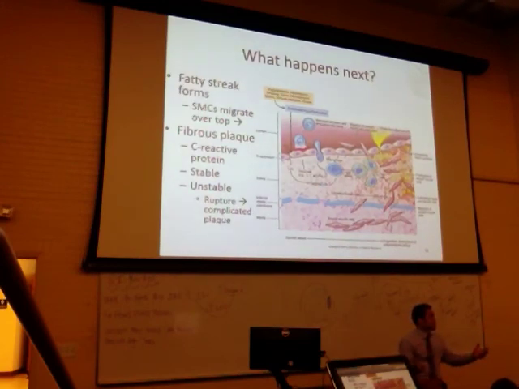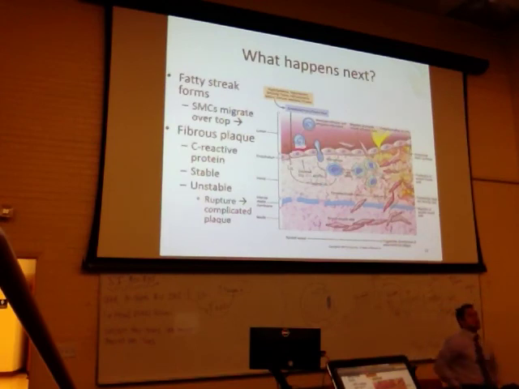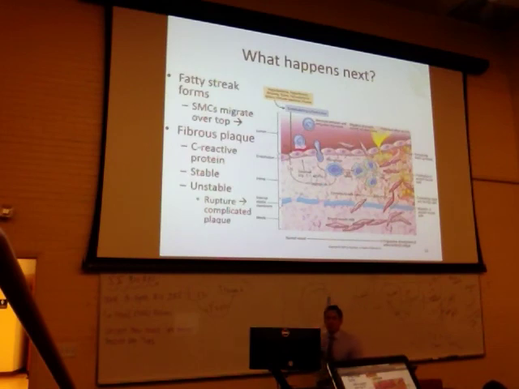Rupturing. So if it ruptures, then you have an aneurysm, like what was asked about earlier. So an unstable plaque is at risk of rupturing and becoming what we call a complicated plaque. Complicated because it's presenting now new clinical problems, like what would be found in aneurysm.